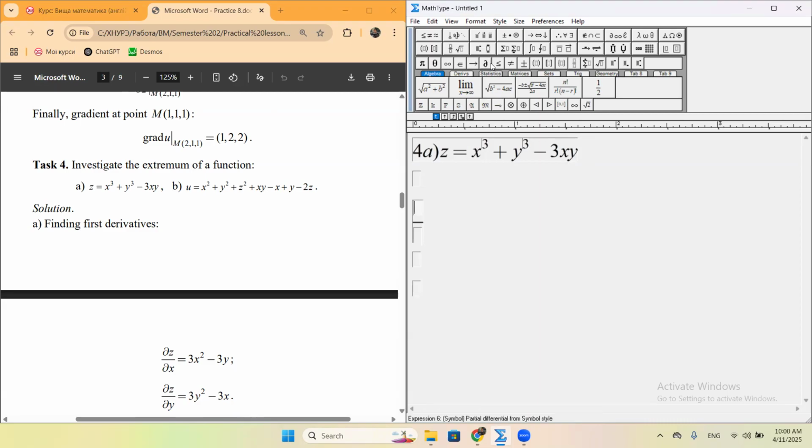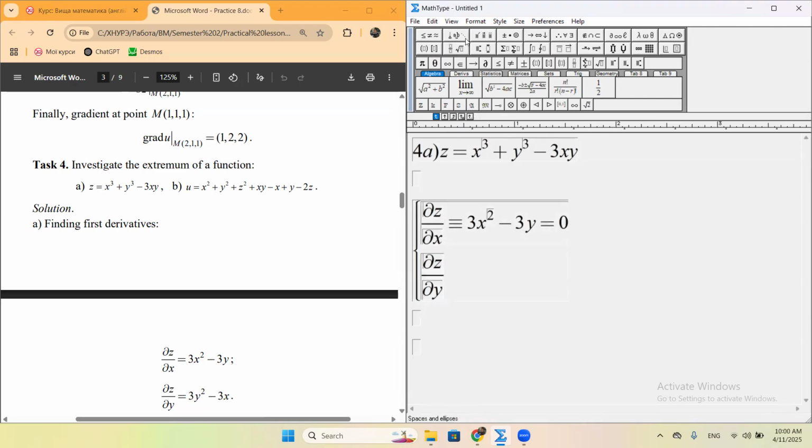So we will differentiate this function by x and y, and then we will solve the system of equations when these derivatives are equal to 0. So the derivative equals 3x squared minus 3y, and it equals 0.